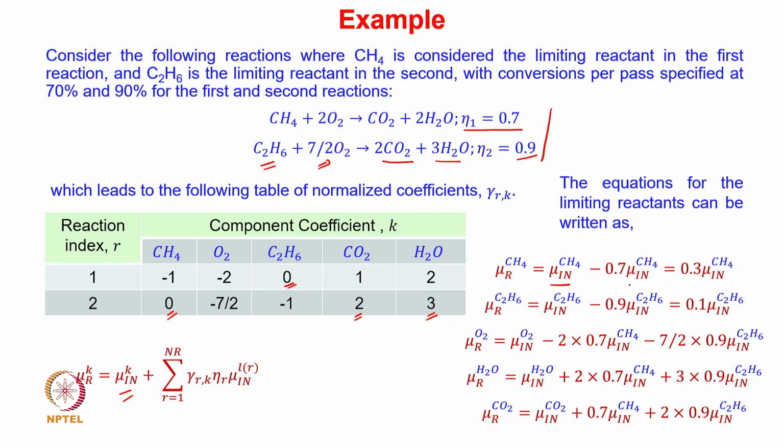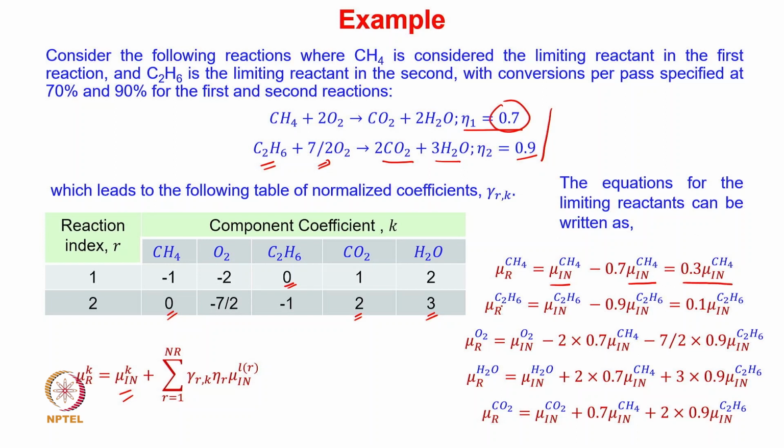In this case you can see that it is getting consumed, so that becomes mu In CH4, and the conversion is 0.7, so minus 0.7 mu In CH4. So that is what we have obtained. With this, the value of mu r CH4 obtained is 0.3 mu In CH4.